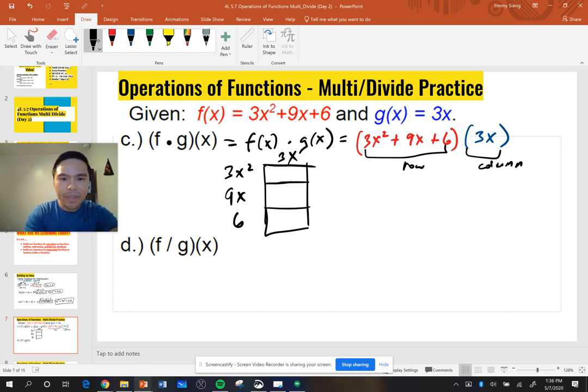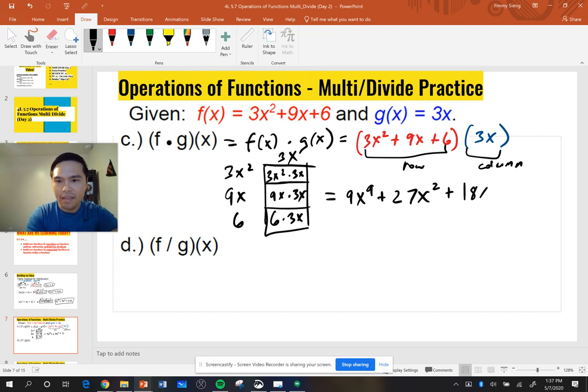Okay, so we got 3x squared times 3x, 9x times 3x, 6 times 3x. This all equals, well, we got 9x to the 9th power plus 27x squared plus 18x. All right, that's our answer.